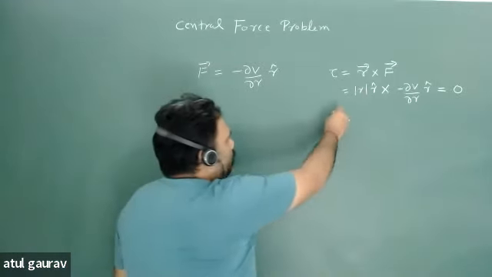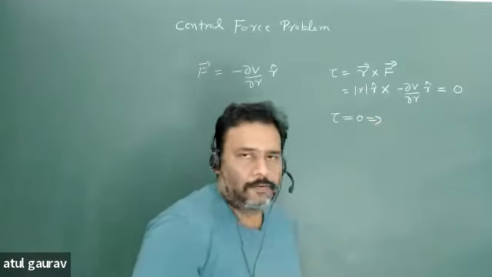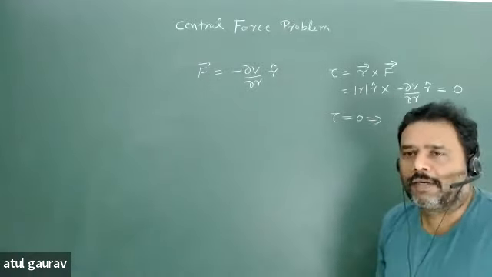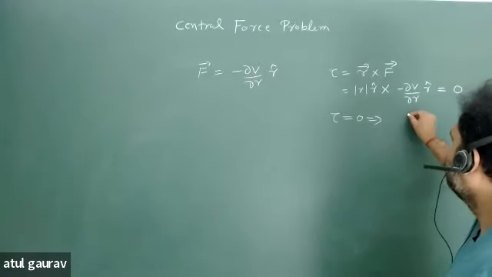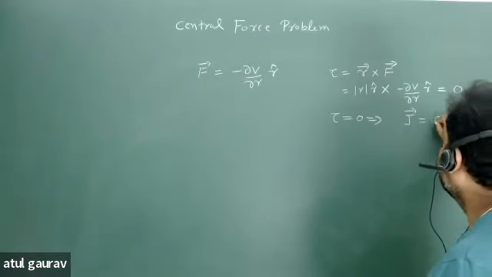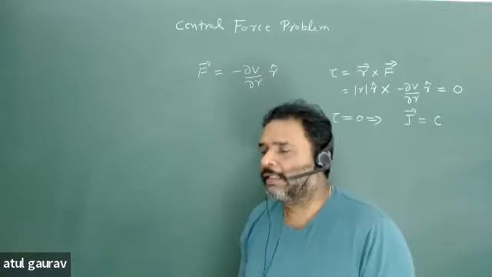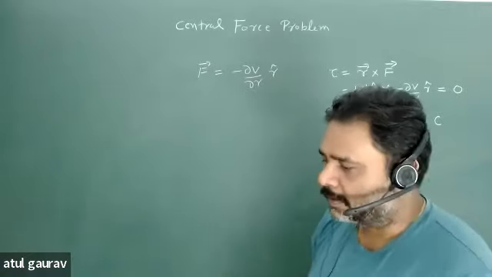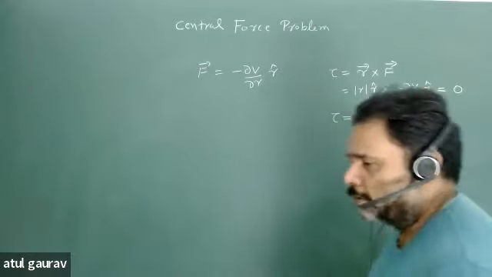So when this torque is equal to 0, what is the meaning of that? Angular momentum of a system is going to be conserved. And here I am taking angular momentum with the notation J, because I will use L for other parameters. So here angular momentum is J and J is actually constant.